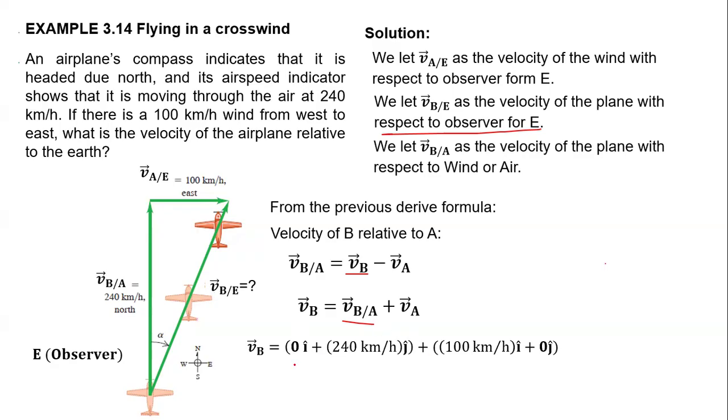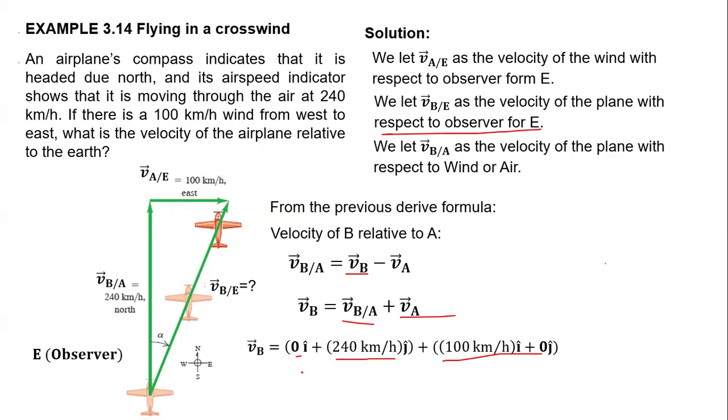So the velocity of B with respect to A has 0 I hat, but it has 240 kilometers per hour J hat, meaning along the north. And for the vector A, you are moving in the east, so your J is 0, and your I hat is 100 kilometers per hour, which is positive.